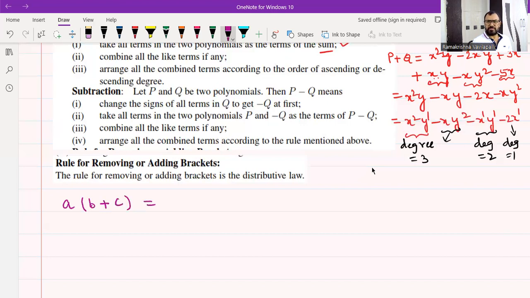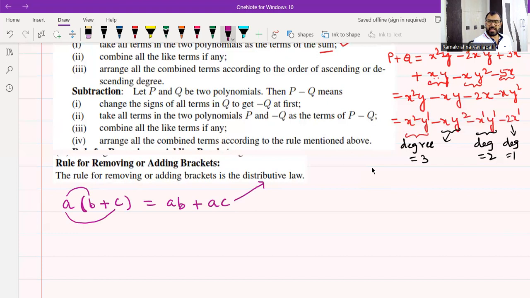This is equal, right? So this bracket indicates multiplication. So a into b, ab, plus a into c. So this is called the distributive law.